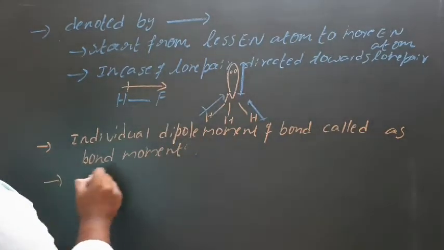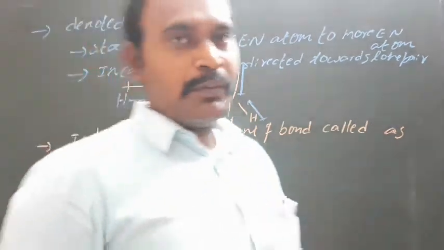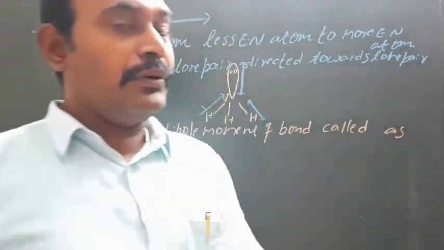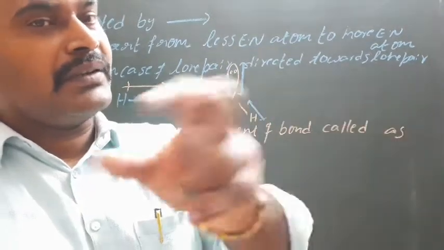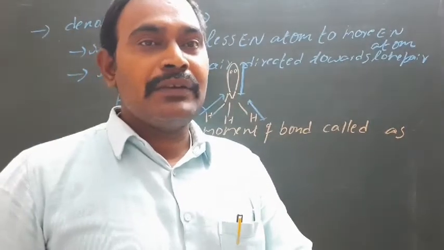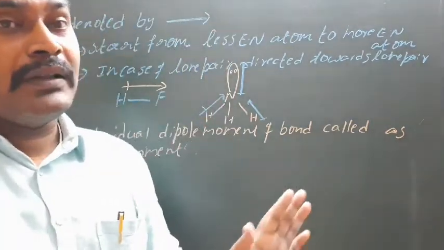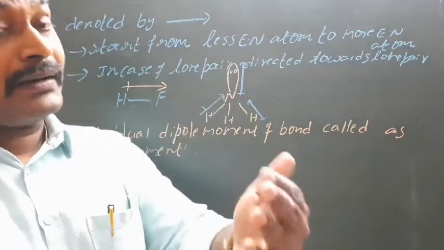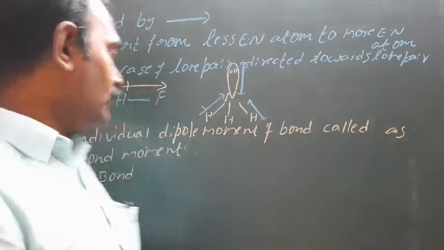The dipole moment of a molecule may sometimes be zero, but the bond moment will never be zero. Since the two atoms are different in nature, the electronegativity difference arises between the two atoms, so the bond moment will never be zero. But the dipole moment of the overall molecule may sometimes be zero.